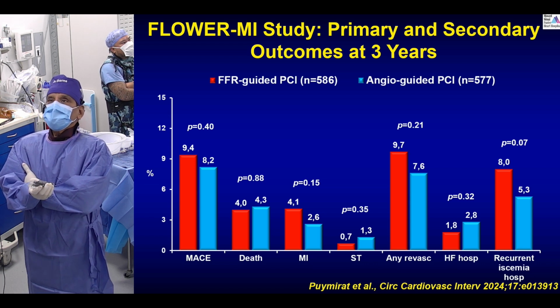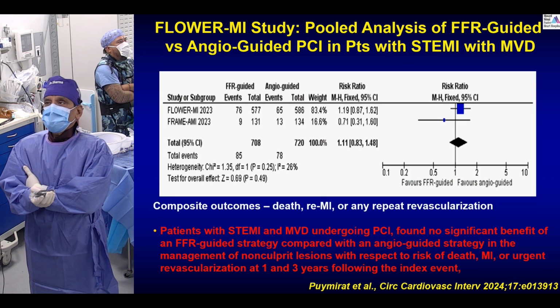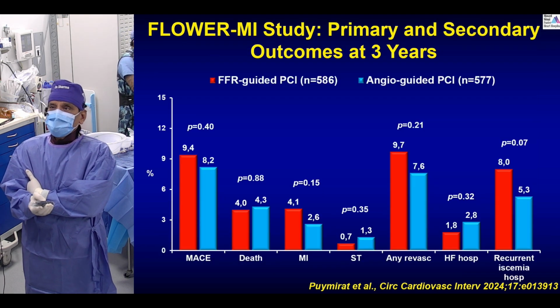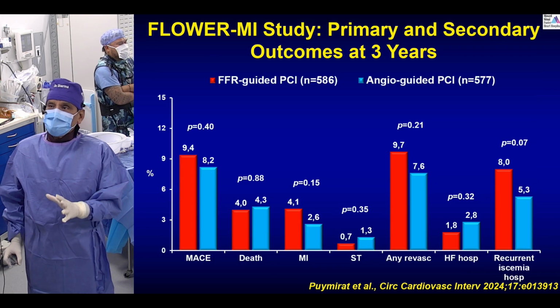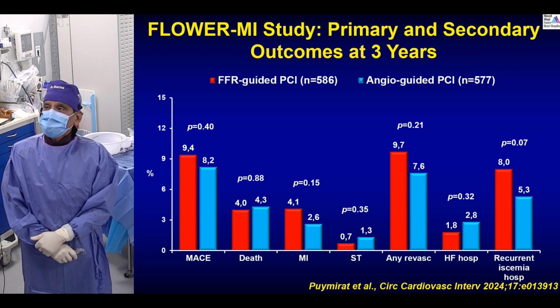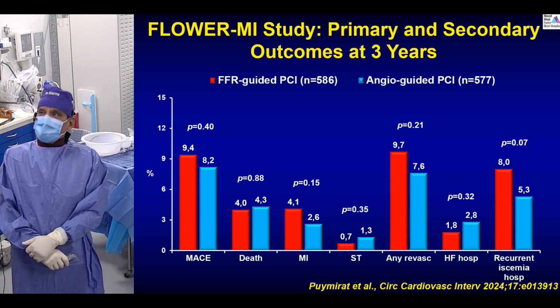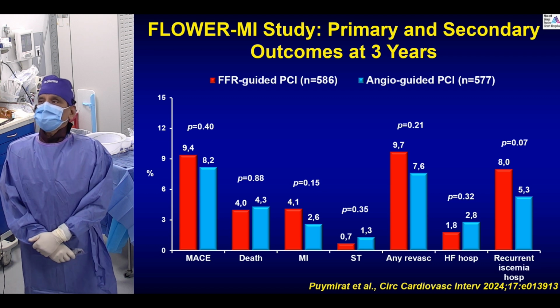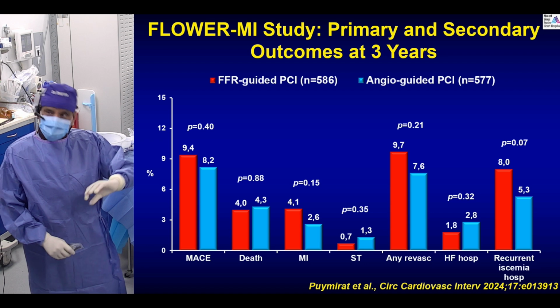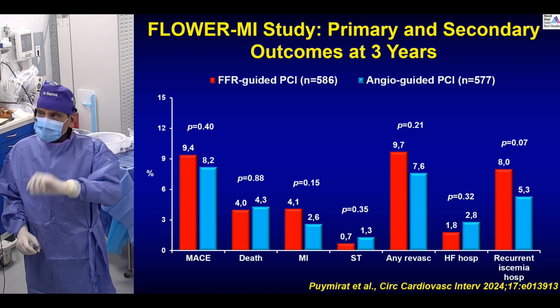So these are the primary and secondary endpoints which I mentioned. Sorry, let me go back one. What we found here, the only difference is in some other endpoints, and lastly, recurrent ischemia requiring hospitalization trended towards better in the angio-guided group. That means some patients who require revascularization require urgent admission.